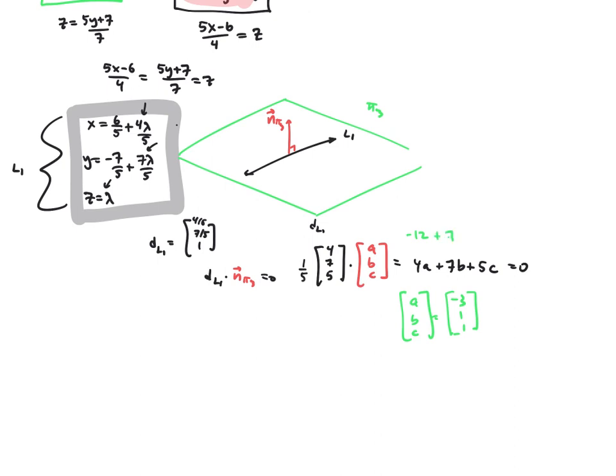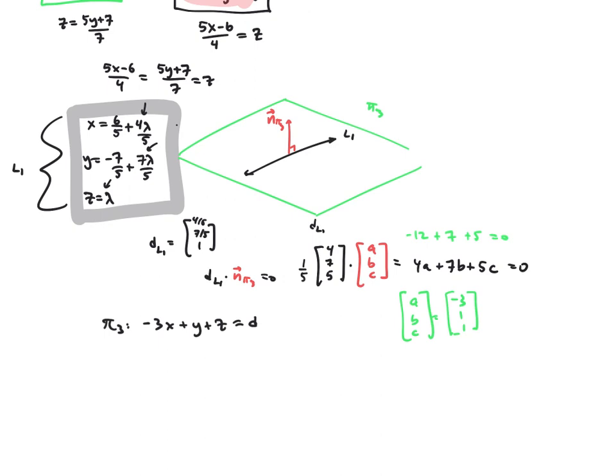B is 1, that gives me a 7. C is 1, that gives me a 5. And of course, that would come out to be 0. So pi 3 is going to have coefficients of -3x plus 1y plus 1z. Now, I don't know d. This is just one of the possibilities. There are other possibilities for these coefficients for pi 3.